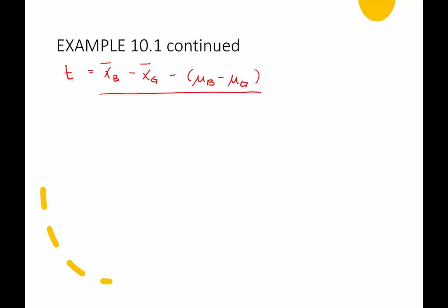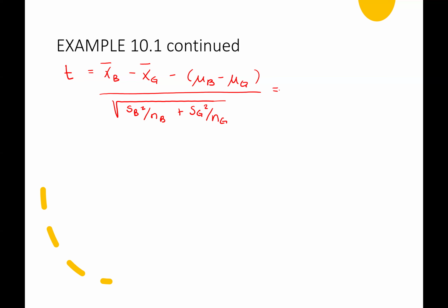Divided by what are we dividing this by? The square root of the standard deviation of the boys squared divided by the sample size plus the standard deviation of the girls squared divided by the sample size.